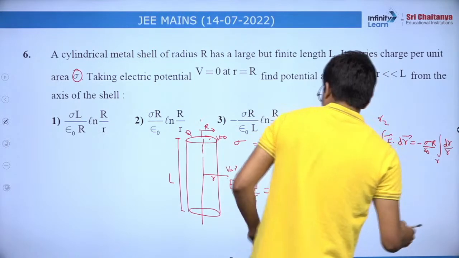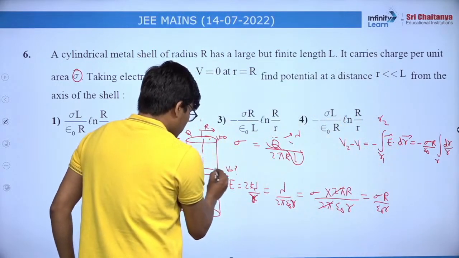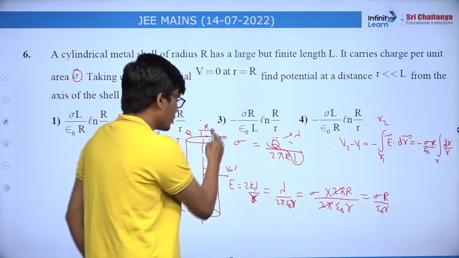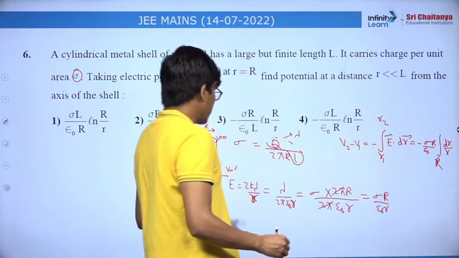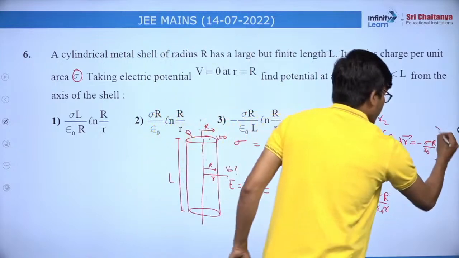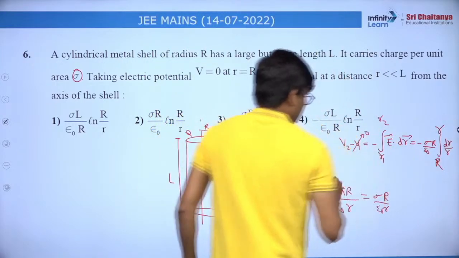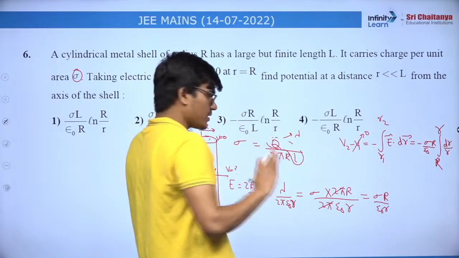We start from this surface because we know the potential at the surface is 0, so the initial limit should be capital R, and we move to small r. Initially the potential is 0, as given in the question.